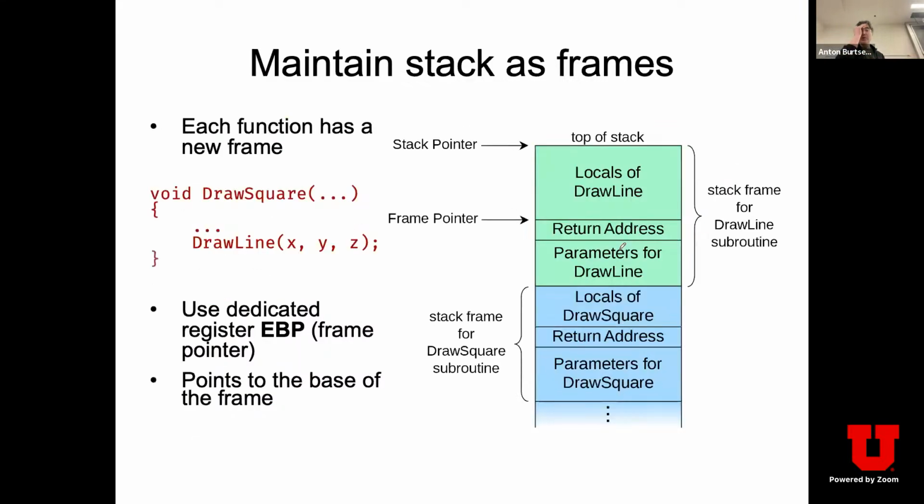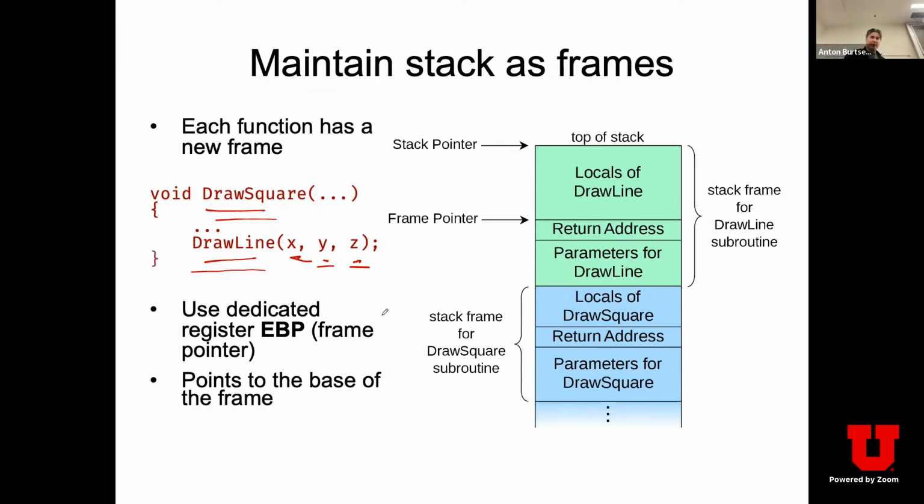Okay, so the very first thing which those people agreed on is to maintain the stack frame, as you mentioned. So the stack frame is a specific part of the stack, which belongs to the current function. So in my example here, right, a function draw square invokes the function draw line, and it passes some arguments x, y, and z into draw line, right?